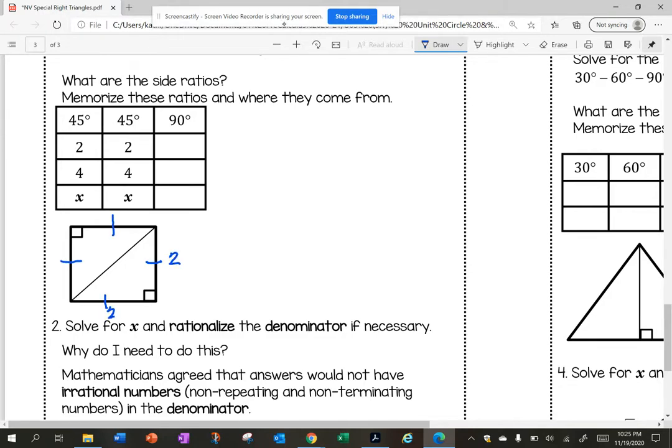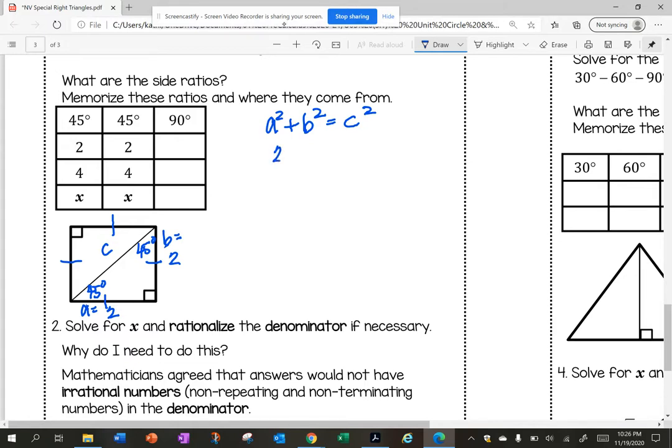So if this is a leg of 2, these are my 45-degree angles. And I'm going to be applying the Pythagorean theorem, so I want to know what the diagonal, or the hypotenuse, is. So a squared plus b squared equals c squared, where a and b are the legs, and c is the hypotenuse.